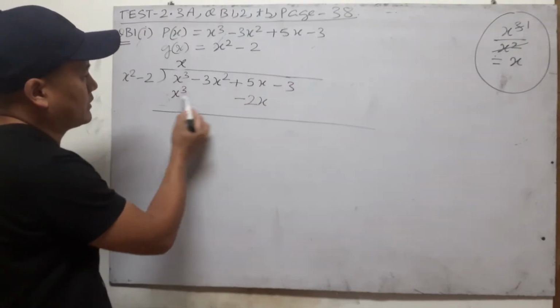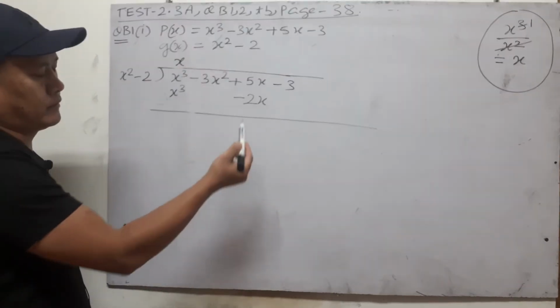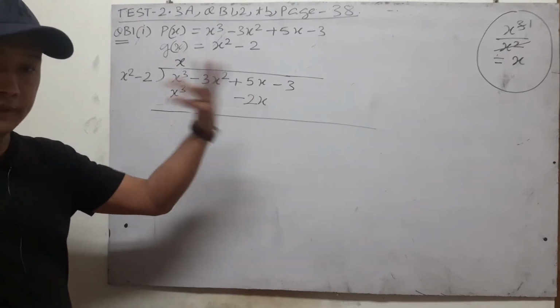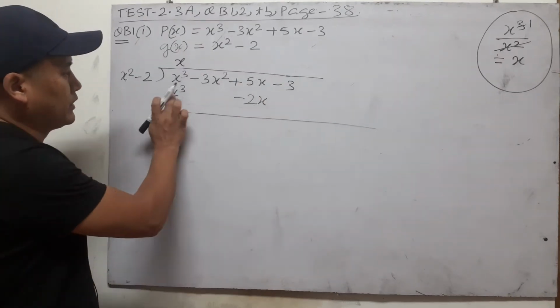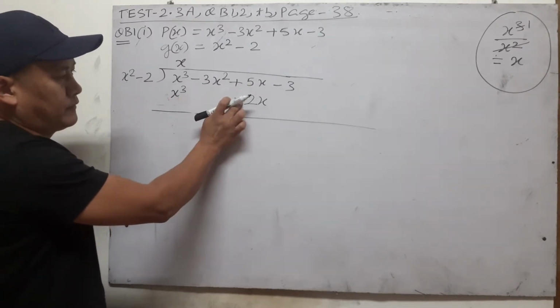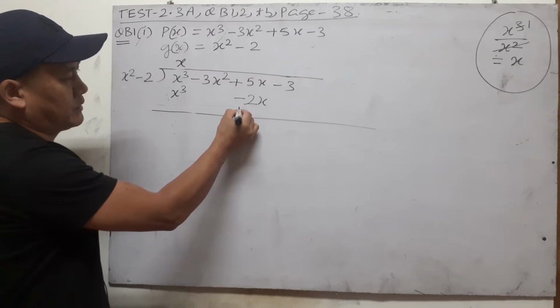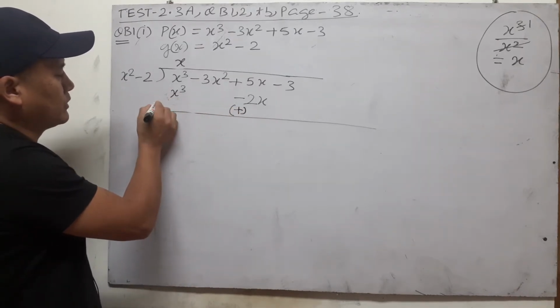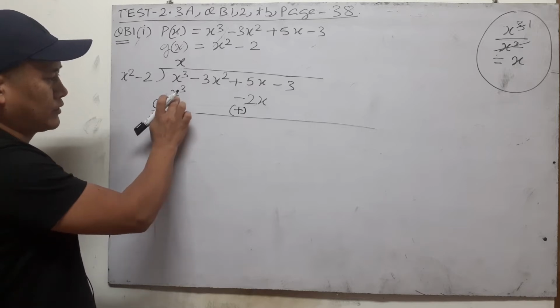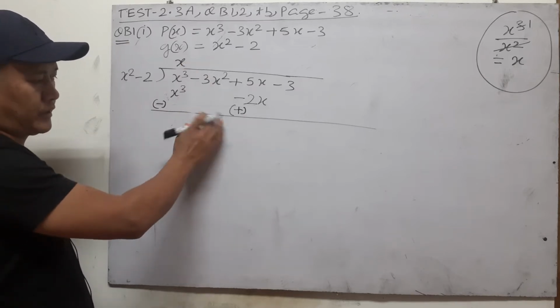This is the upper part, this is the lower part. So when I say change the sign of the terms in the lower expression, I mean this expression, x cubed minus 2x. If it is minus, change the sign means make it plus. This is plus, so we'll make it minus now. So this is no longer plus x cubed, but minus x cubed. That is called subtracting to get the remainder.